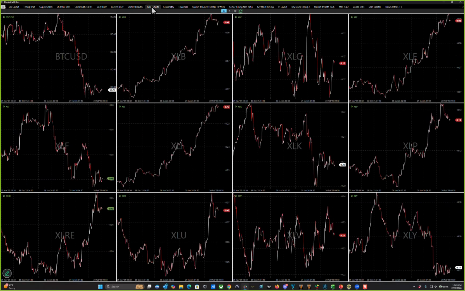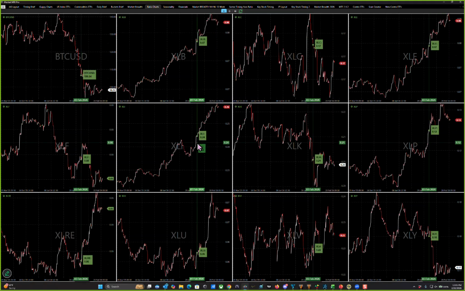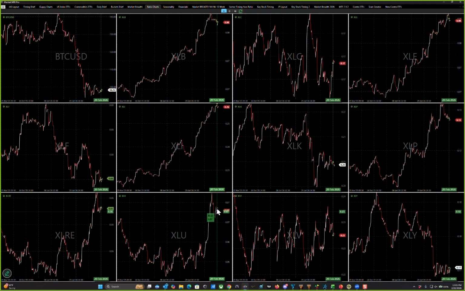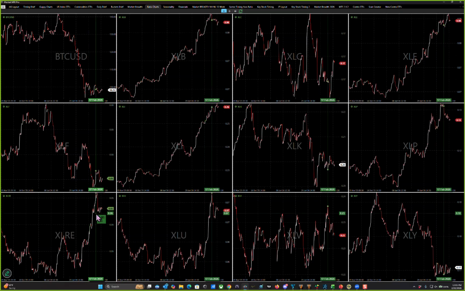Ratio charts, I love these things because all you got to do is look, where's your leadership right now? And this will update during the day. Materials, energy, and industrials. And then you got the defensive three-pack or four-pack of staples and utilities and real estate that were strong that have eased a little bit of late.